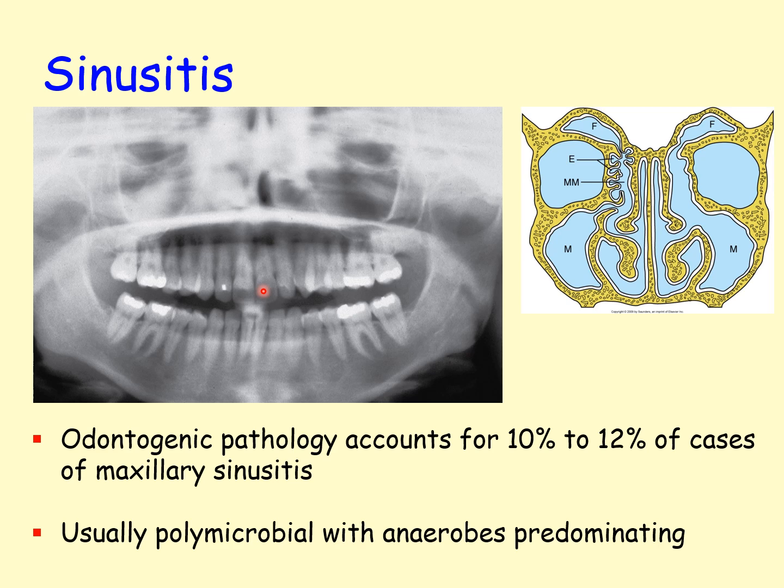In certain cases, sinusitis can be accompanied by a purulent discharge from the nose and a high temperature. What is interesting is that odontogenic pathology, that is dental infections, account for 10 to 12% of cases of maxillary sinusitis. That is, dental infections can cause secondary involvement of the maxillary antrum.